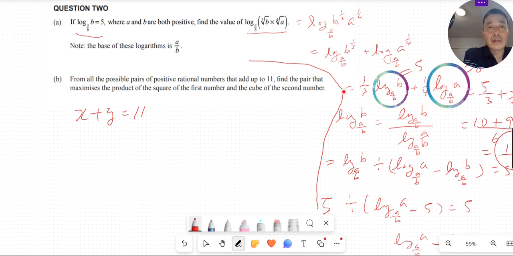The first number you have to square, and then times, because product means times, isn't it? And the second number, which is y cubed. We don't know what that is, but let's say p. And then we have to maximize. So, well, when you hear maximize, straight away we have to differentiate p, right?